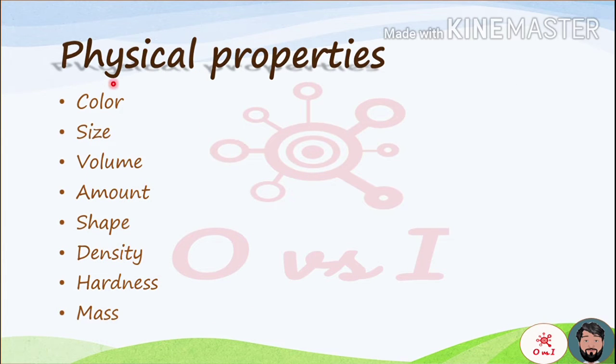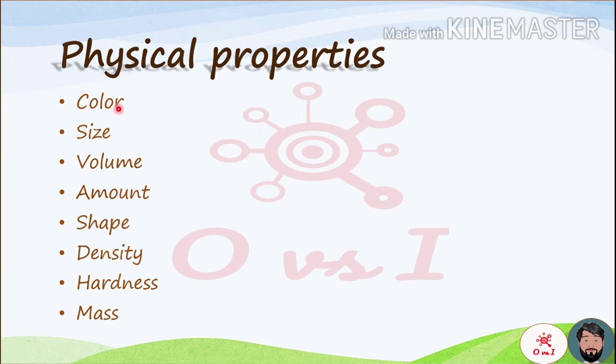Physical property, let's see how many physical properties there are. We will look at some simple things like color, size, volume, amount, shape, density, hardness, mass. Color is the property of matter to look different.